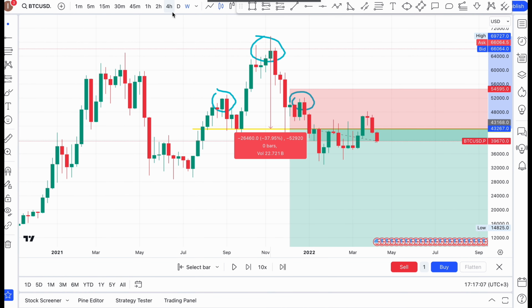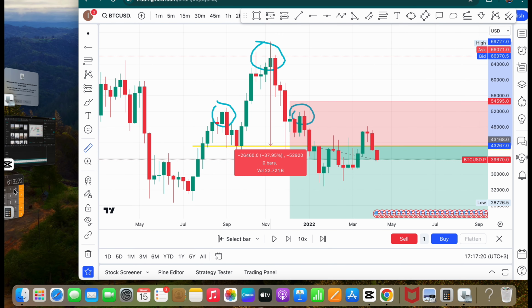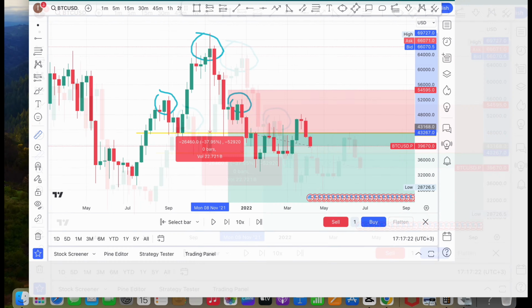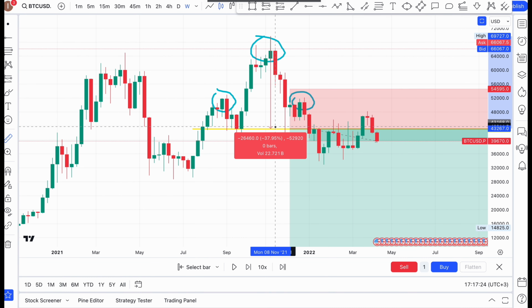That will be our take profit. So now, for the measurement of your take profit, after you got that, you start from the neckline to measure that 61.32.